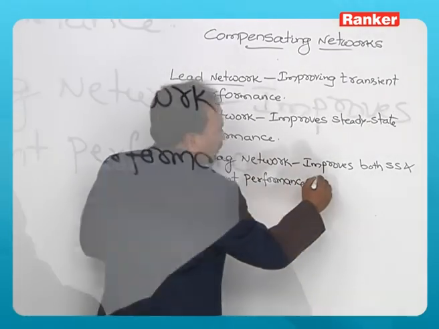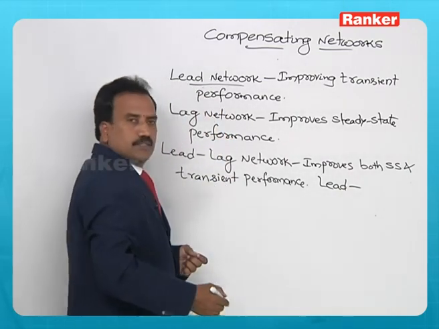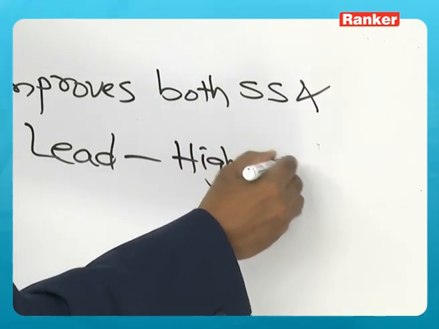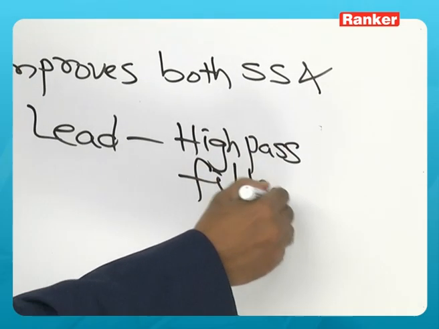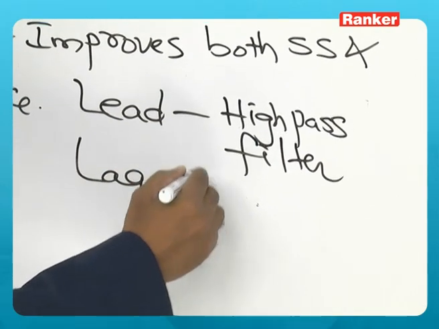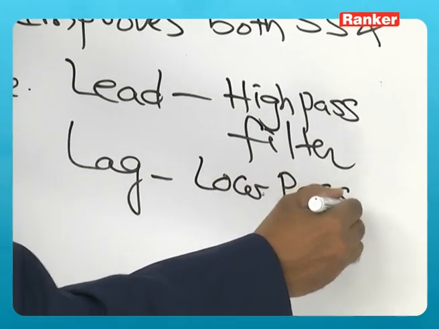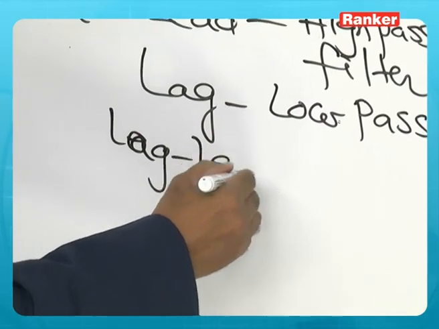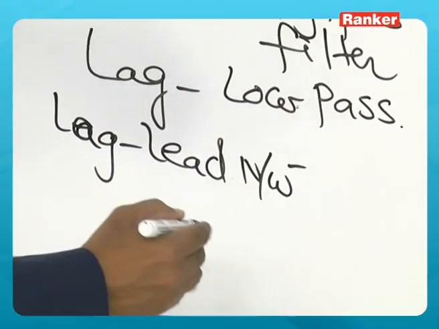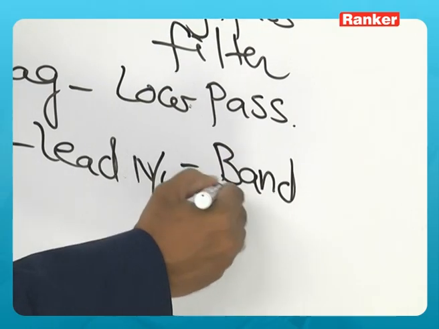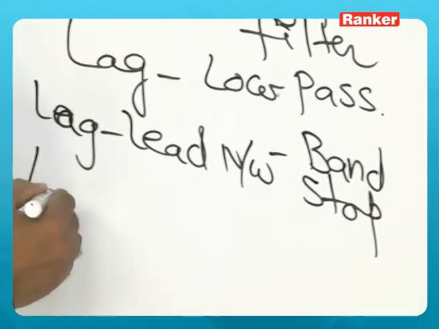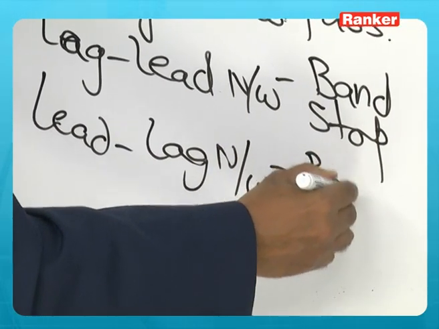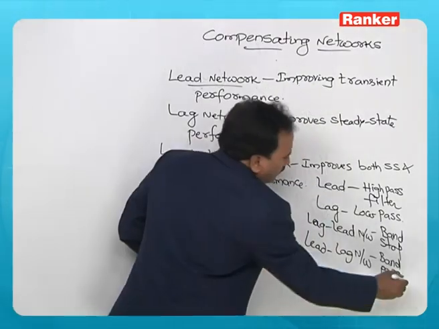And we can also see that lead network is a high pass filter and lag network is a low pass filter, and lag lead network is a band stop filter, and lead lag network is a band pass filter.